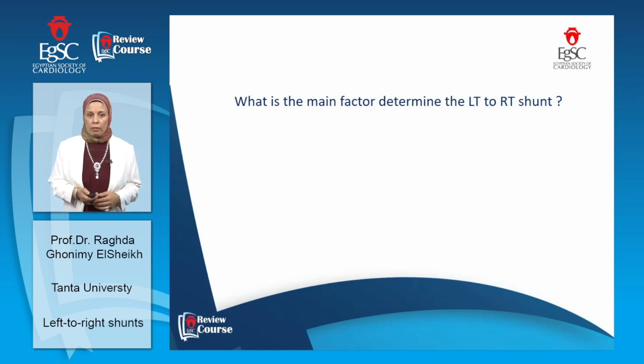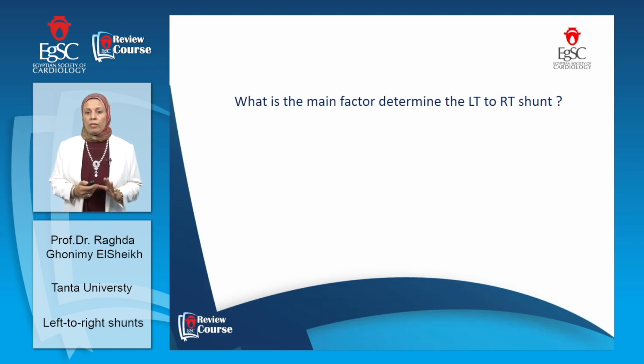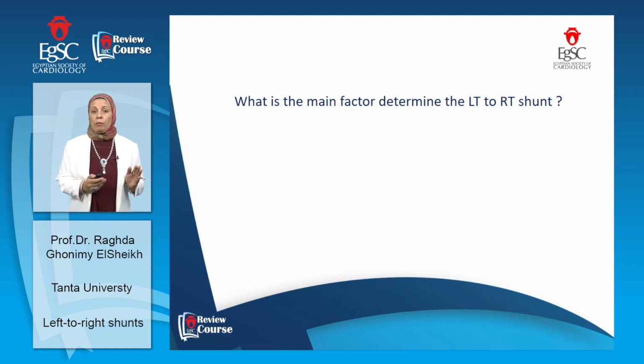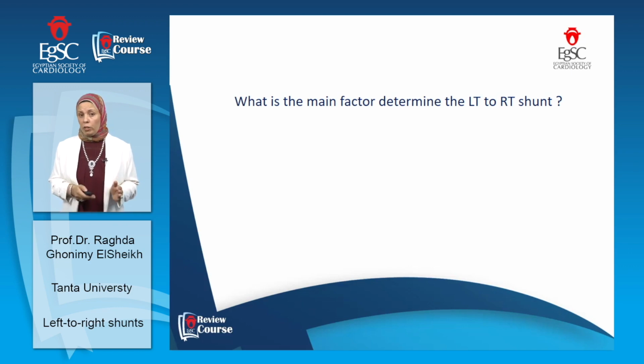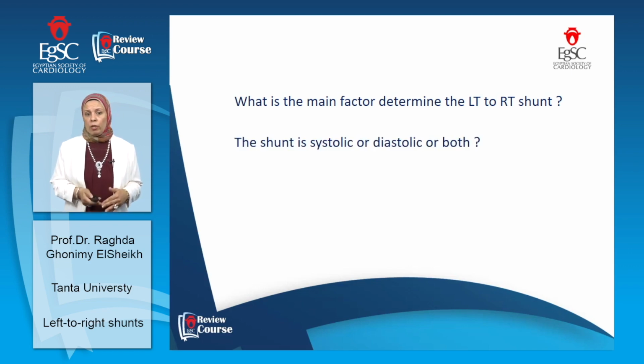So our questions: what is the main factor determining the left to right shunt through the PDA? Yes, it's the difference in pressure between the pulmonary artery and the aorta. Second question, is the shunt systolic or diastolic or both? Yes, in PDA we have both systolic and diastolic shunt.